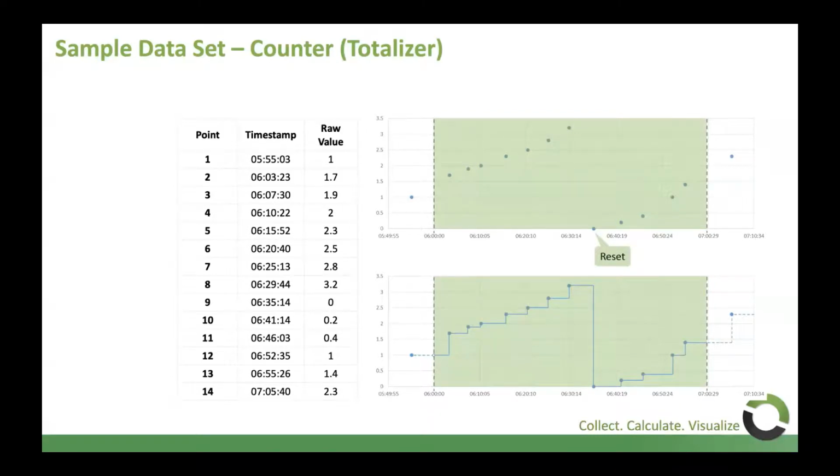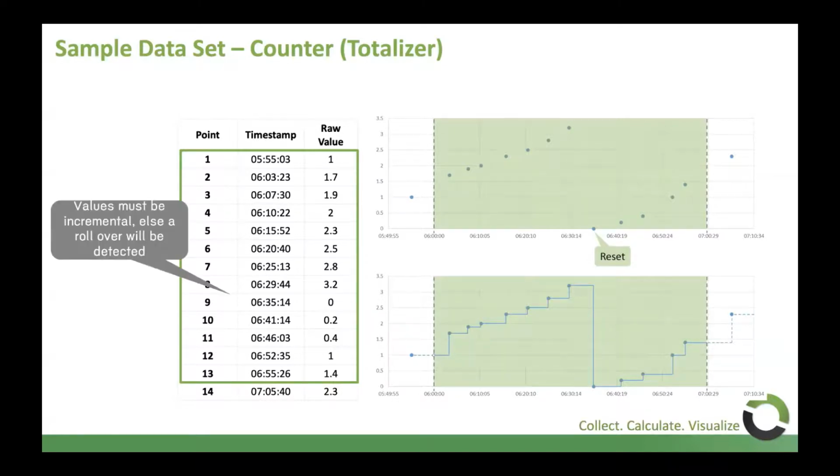Now, it's very important to understand when that reset happens because that will influence how the retrieval method works. It works almost like a delta. It will take the difference between the points, including the boundary value, and it will detect if there was a rollover. You'll notice my data points here are always incrementing as the totalizer increments. And then all of a sudden, at 0.9, it resets back to 0, and the counter starts again.